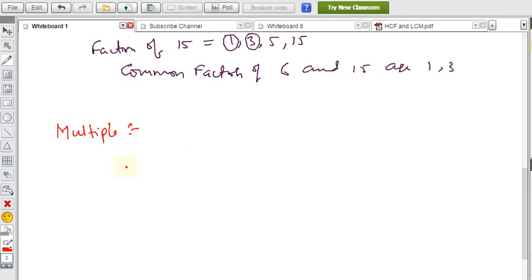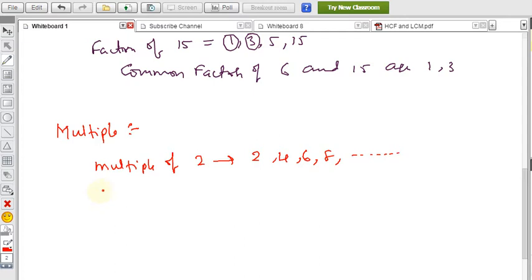For example, if you take multiples of 2, it is multiplied by 1, 2, 3. Now 2 ones are 2, 2 twos are 4, 2 threes are 6, 8, and so on. These are all the multiples of 2.